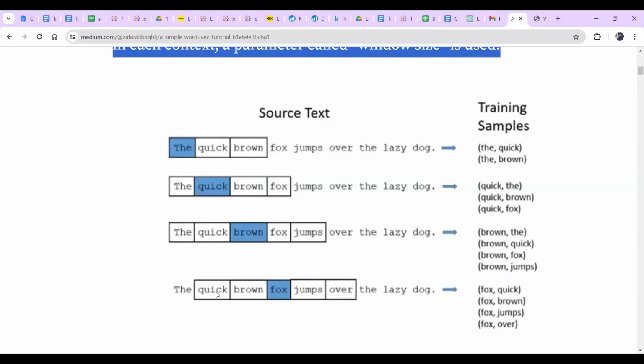But one thing, do you know what is the unique thing about this sentence, the quick brown fox jumps over the lazy dog? Anyone who knows? There's something special about this sentence in English.